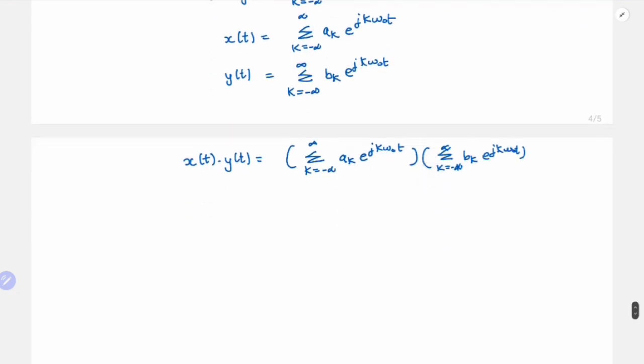One thing you need to note here is you cannot multiply this directly, term by term, because each term in this is multiplied with the entire sum here, correct? For example, if I have to write it out, a0 is multiplied with the entire sum of bk e power jk omega naught t plus a1 e power j omega naught t into this same sum.